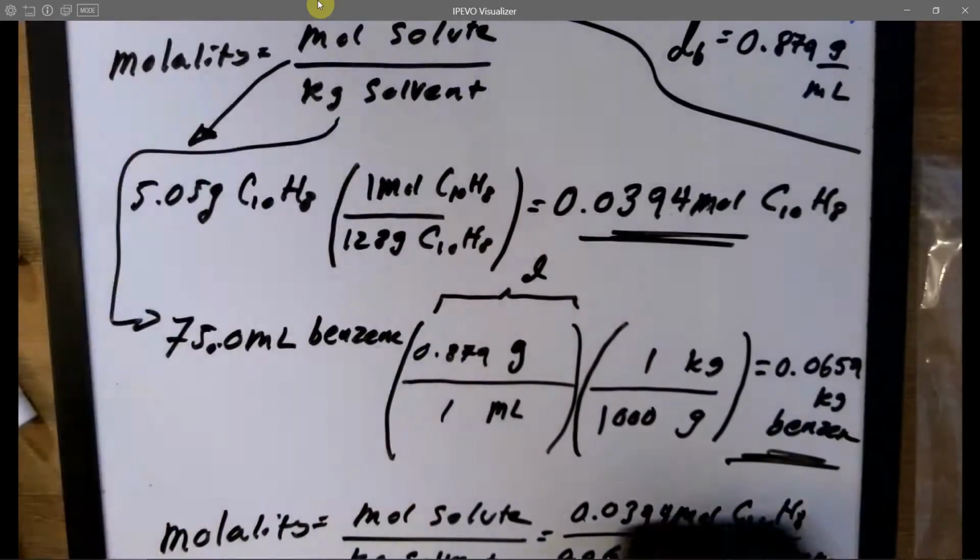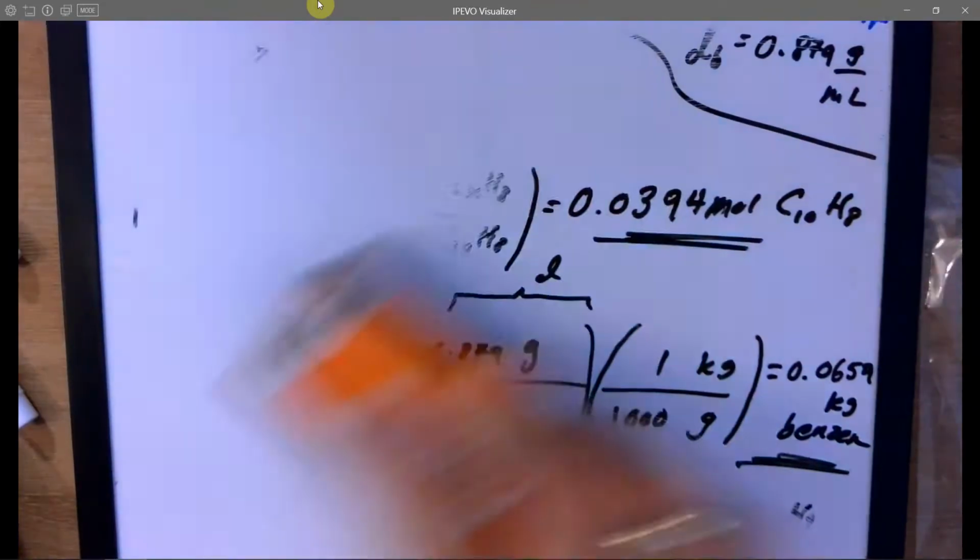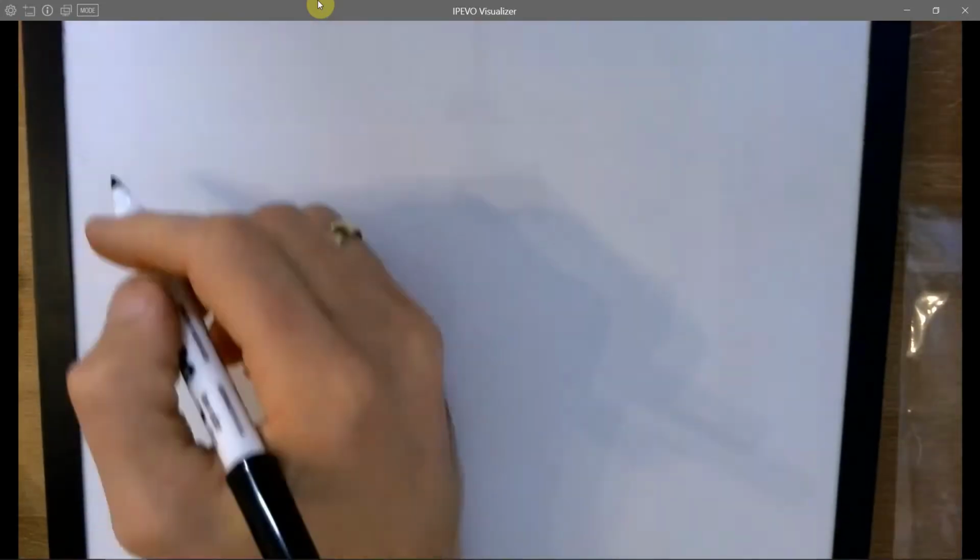Now, having done that, let's go out of molality and molarity, but they're very similar, and go into the realm of concentrations using mass percent and parts per million and parts per billion and things like that. Okay. So, calculate the concentration.